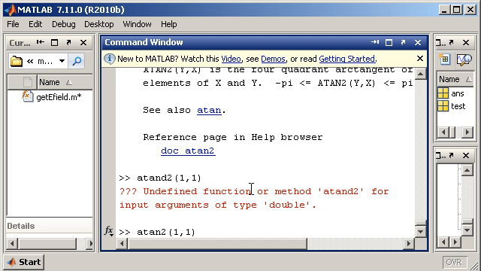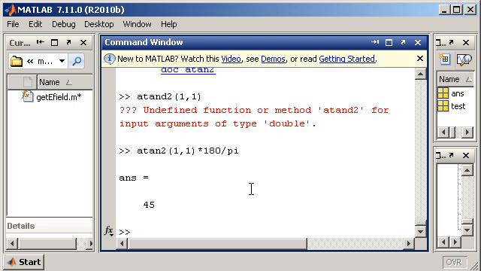So I'll multiply times 180 divided by pi to convert that to degrees. Alright, so that's working. That's 45 degrees.